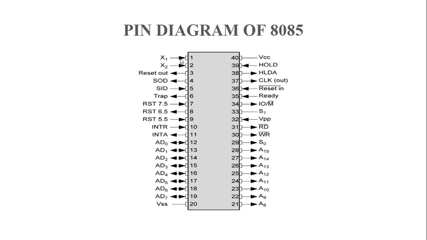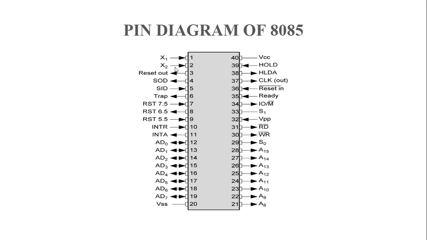Now going to the next pins, that is pin number 1 and pin number 2, X1 and X2. These two pins have inward arrows, and an inward arrow means these are input pins. So there is some difference between X1 and X2 and clock out. Now we will see what the use of X1 and X2 is, as I have already described the clock out pin.